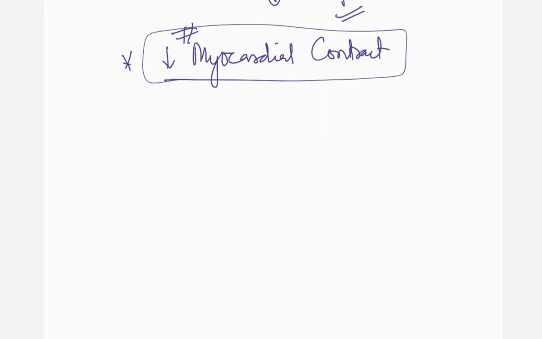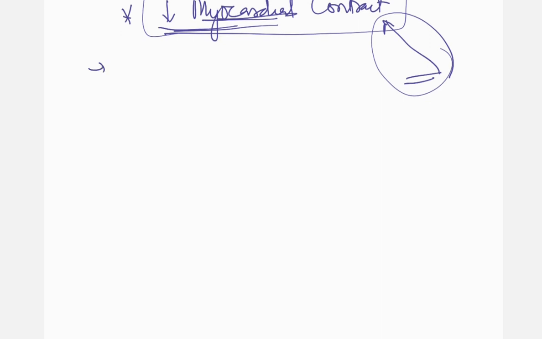And now, what are the etiologies of cardiogenic shock? The etiology will be particularly focused on those causes which can cause decreased myocardial contractility. So the causes will be those which can cause myocardial contractility to reduce. And what are those causes? There can be myocardial infarction, you all know what it is. Myocardial infarction can cause a decrease in myocardial contractility.